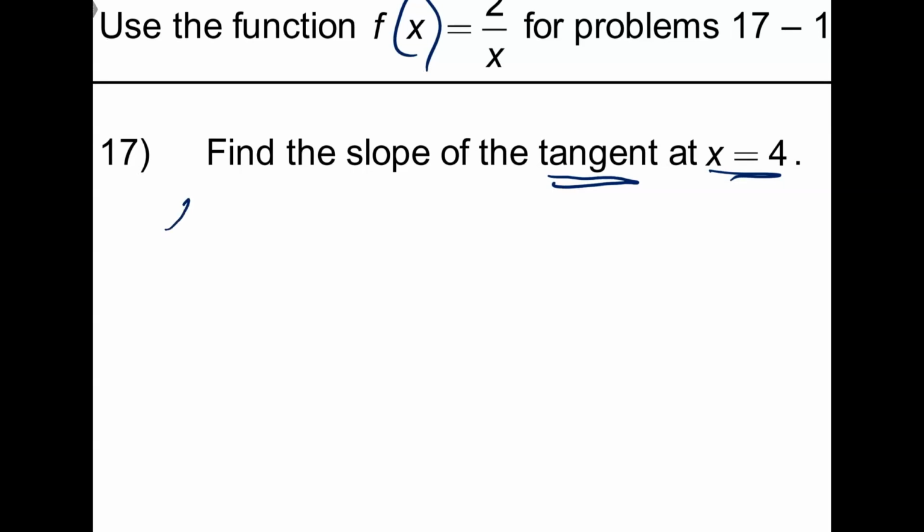So let's see, the limit as h approaches 0 of f of, well, I'm finding at a single point, so I could just plug that in for my x, because I don't actually have to find the equation. Or we could, doesn't matter. So let's just use the point 4 minus h minus f of 4 all over h.